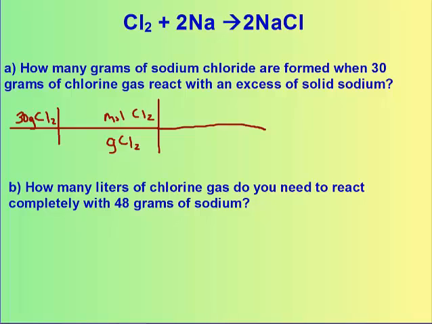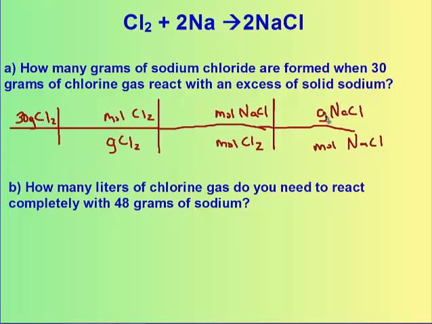I have moles chlorine, so then I'm going to have moles chlorine on bottom, and I'm trying to get to grams sodium chloride. So I need moles sodium chloride on top. But I don't want moles as my final answer, so I need one more step. Moles has to go on bottom, and I'm trying to get to grams. So notice my units are always diagonal from each other.